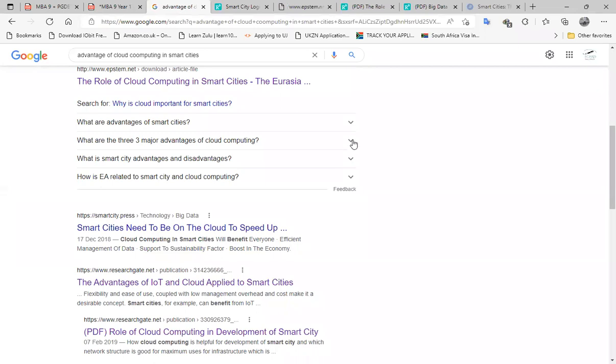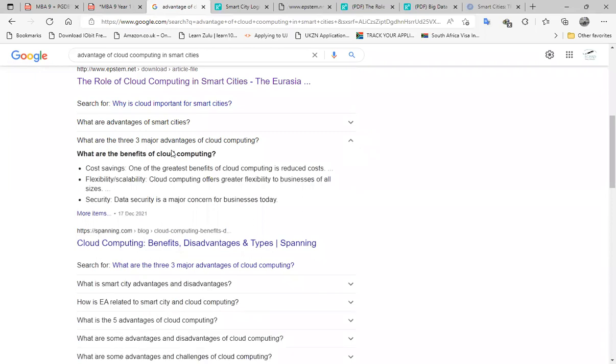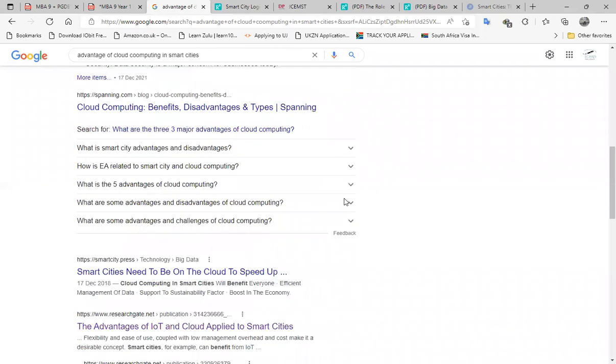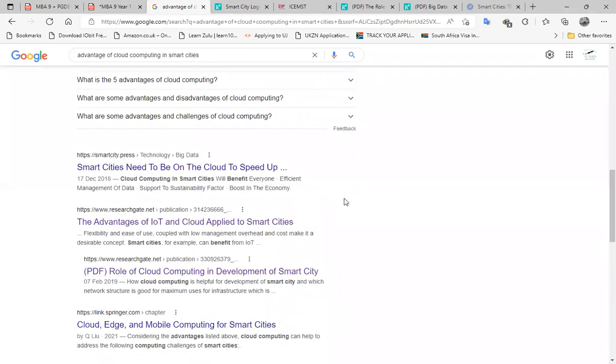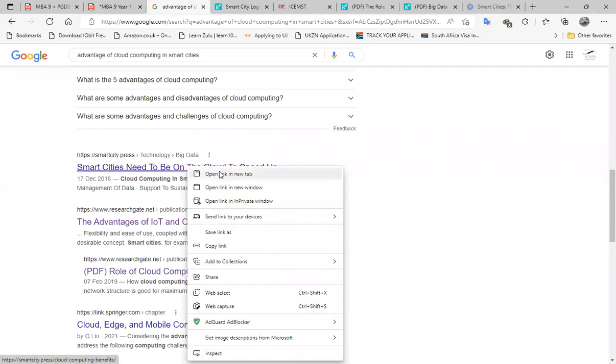That's what we're talking about, right? You see, we're talking about scalability, cost savings, and security, right? But let's see. Smart cities need to be on the cloud. This one must be good.